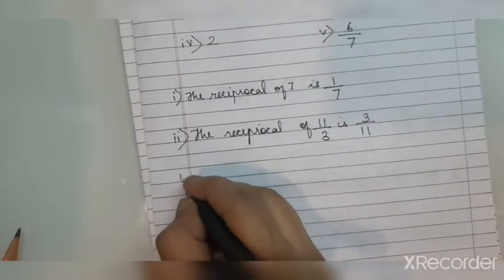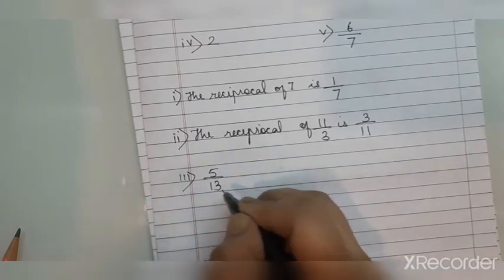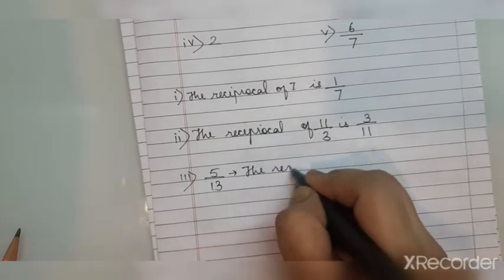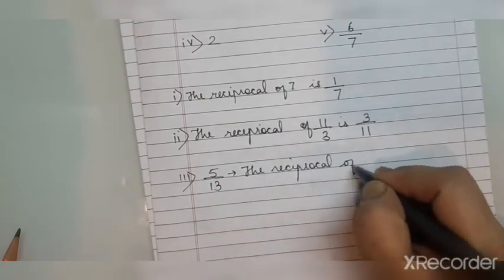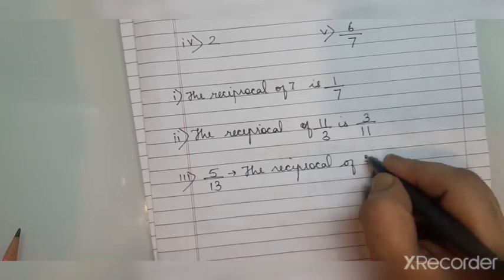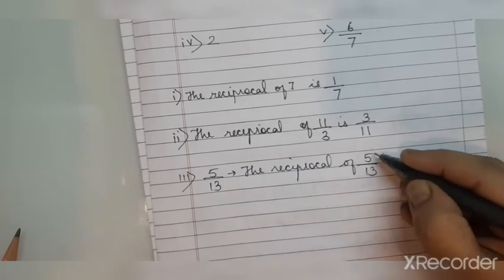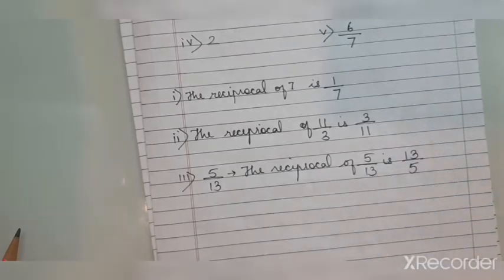And the third one, it is 5 upon 13. Okay, so the reciprocal of 5 upon 13 is, denominator will go up, numerator will come down, 13 upon 5.